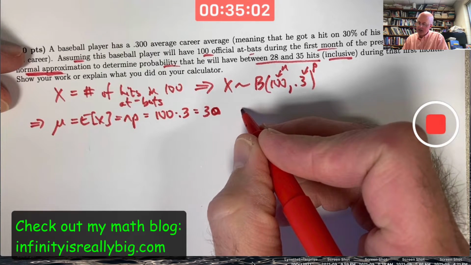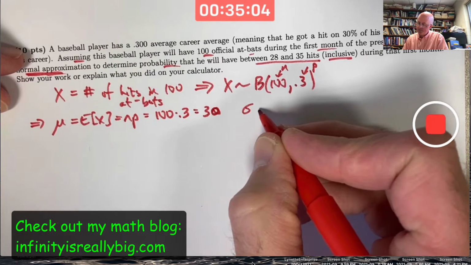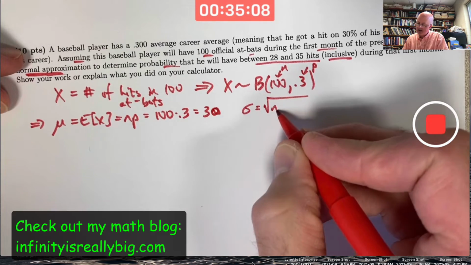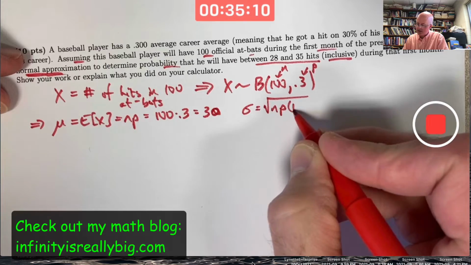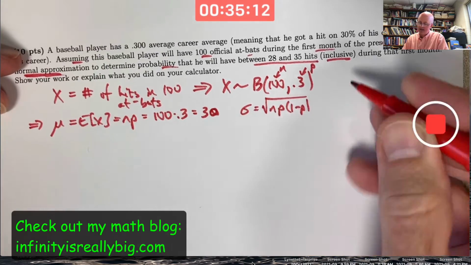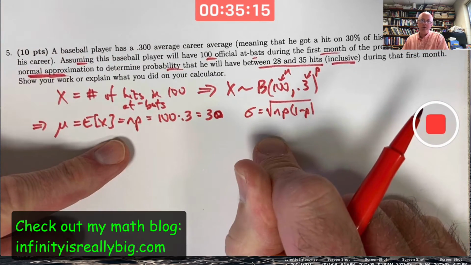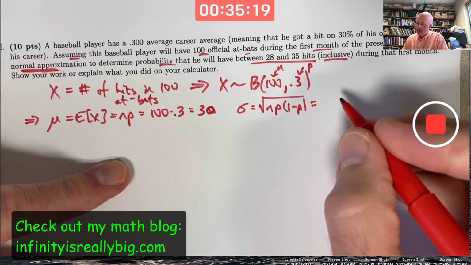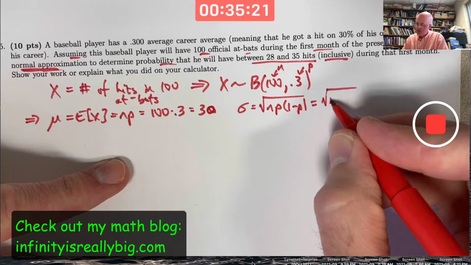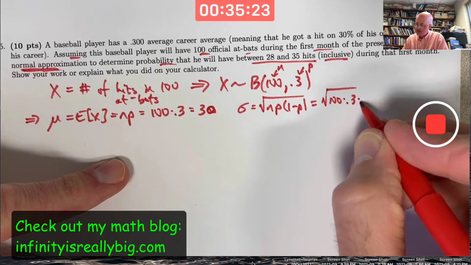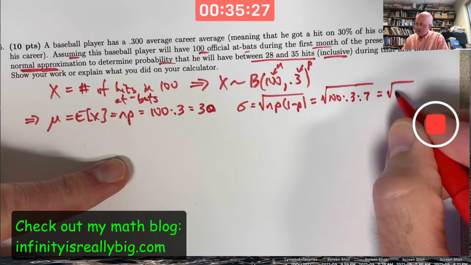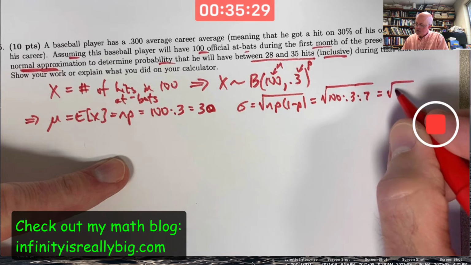And the standard deviation, for a binomial, turns out to be the square root of n times p times q, where q is 1 minus p. These are special formulas for binomials. They don't work in general. This is the square root of 100 times 0.3 times 0.7. 30 times 0.7 is what? 21.